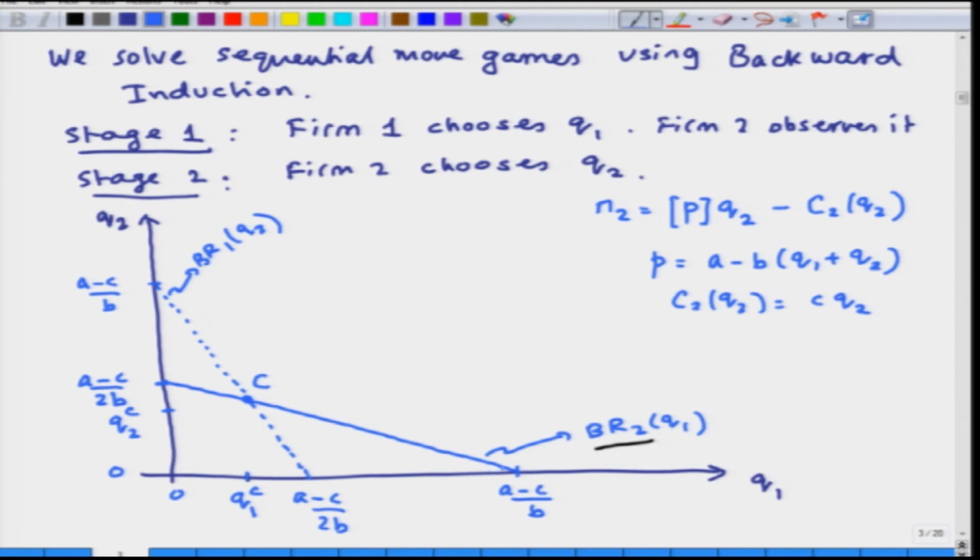given that firm 1 is producing more under the Stackelberg model compared to the Cournot model, and the fact that the best response function is downward sloping implies that the output under the Stackelberg model is lower than that under the Cournot model. We also note, looking at the slope of the best response function for firm 2, that the decrease in Q2 is smaller than the increase in Q1, right.